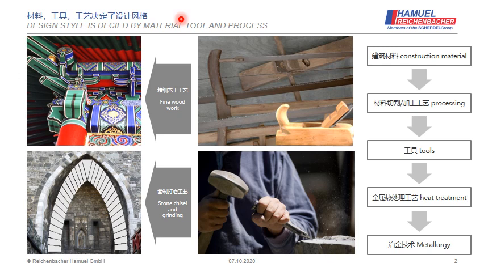But in China, in the past 2000 years, the metallurgy technique of the metal was very well developed, and the heat treatment processing knowledge was also good in old China, so in this case, the Chinese people could make very good tools for wood.